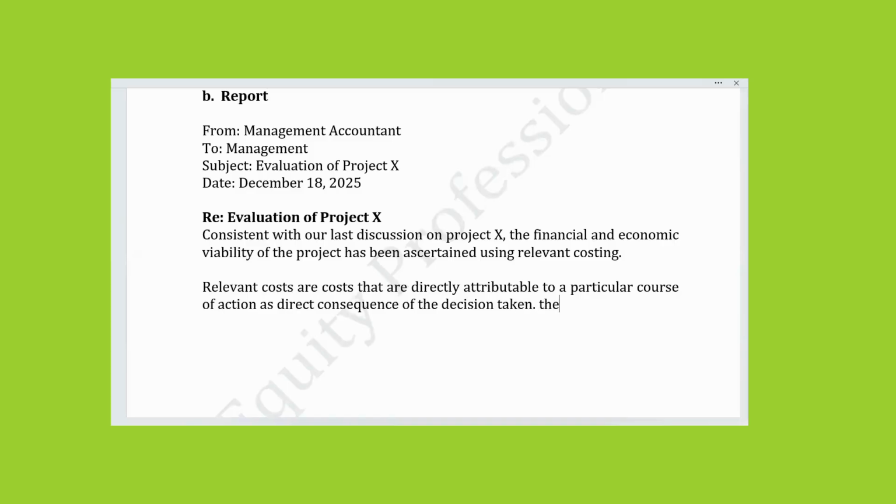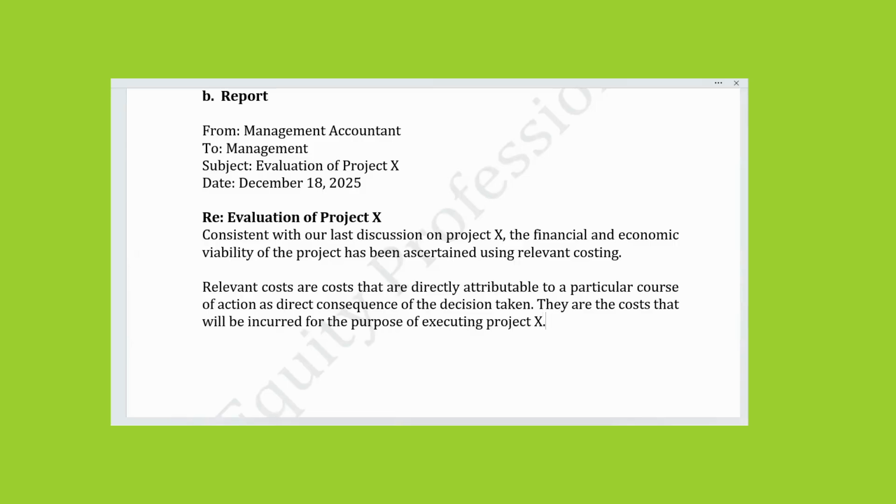Okay. They are the costs that will be incurred for the purpose of executing Project X. All right.